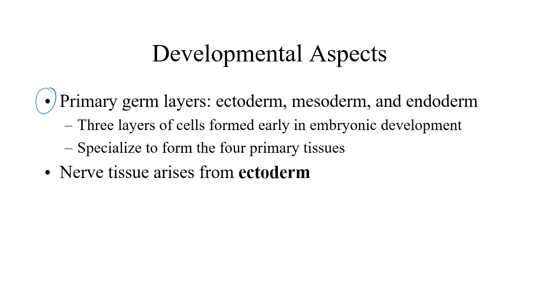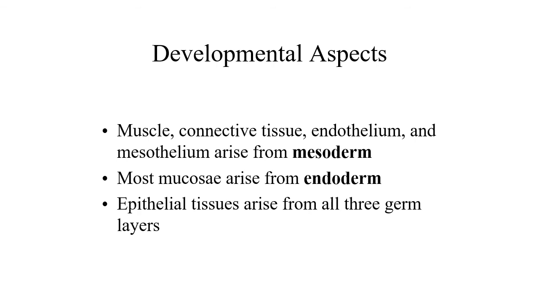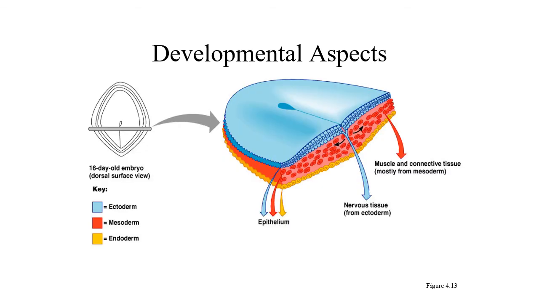And so each general class is going to come from one of these three types. Nervous tissue develops typically from ectoderm. Muscle, a lot of our connective tissue develops from mesoderm. And then the endoderm is things like our epithelium and things like that. But epithelium doesn't just stick with the endoderm, it actually goes through all three.